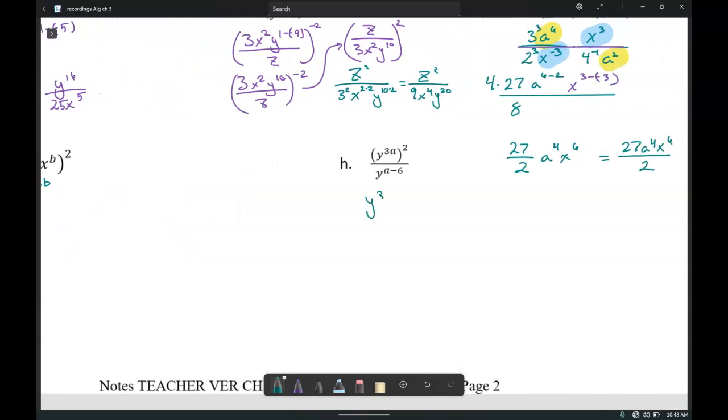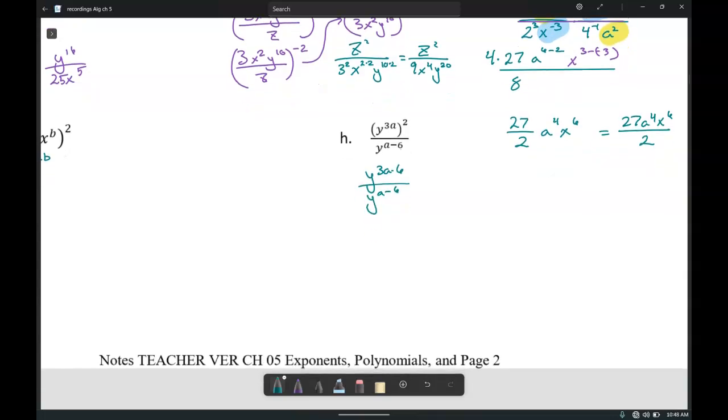Power rule. And then that gives us y to the 18a over y to the a minus 6. Quotient rule. Y to the 18th minus a plus 6, 18a.